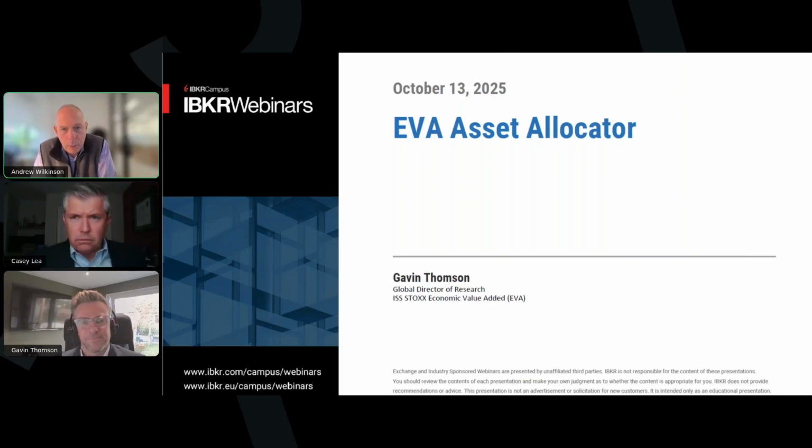Gavin, you're going to be talking about EVA Asset Allocator. Crack open the box. What are you going to talk about? Yep, thank you very much, Andrew, and thank you for hosting this. So EVA Asset Allocator, really today what we're going to talk you through is what we describe as a top-down view of the world. Thinking about the macro, so where are we in the economic cycle?